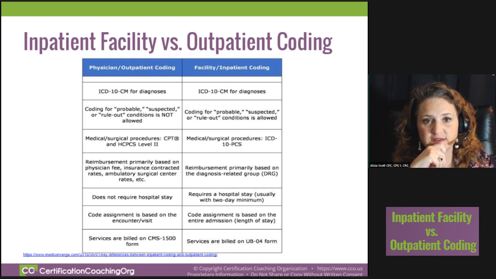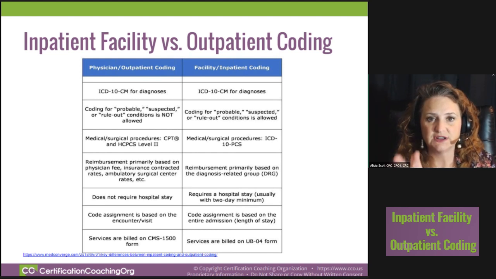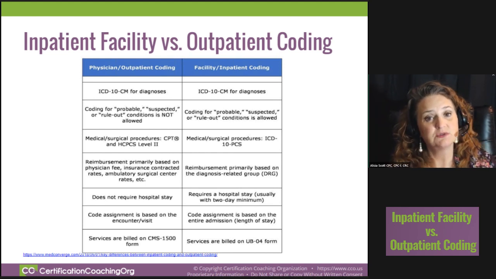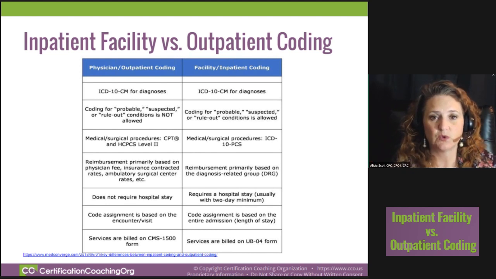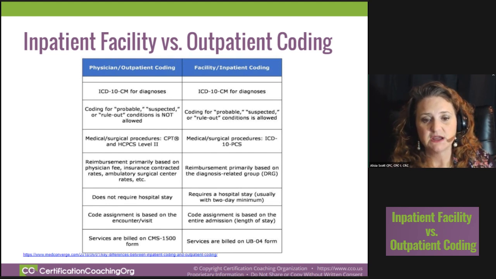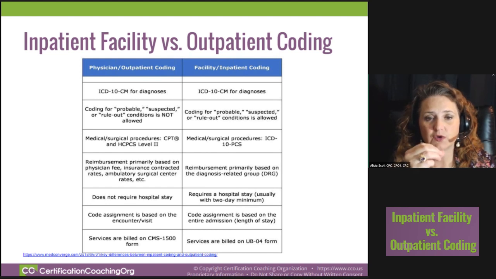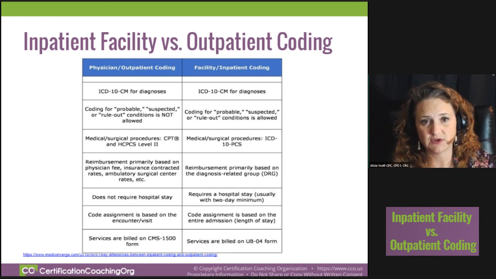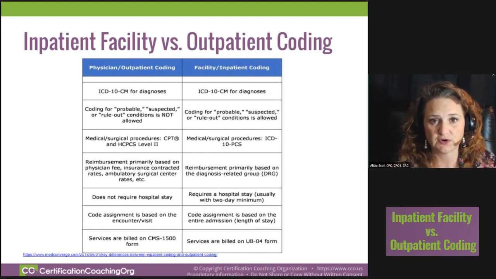The coding that's done is different as well. Not only are you using different code sets, we both use ICD-10, but CPT and HCPCS for outpatient, ICD-10 PCS for inpatient. The assignments for the codes are on individual encounters and visits. They don't carry over. You start over each time.